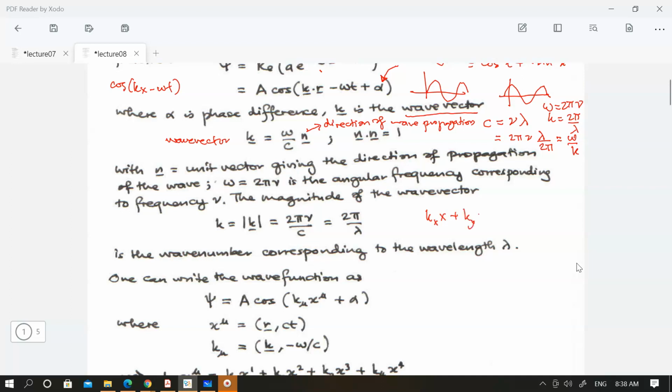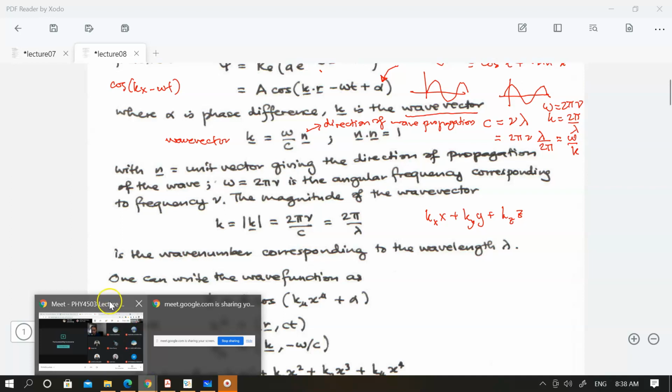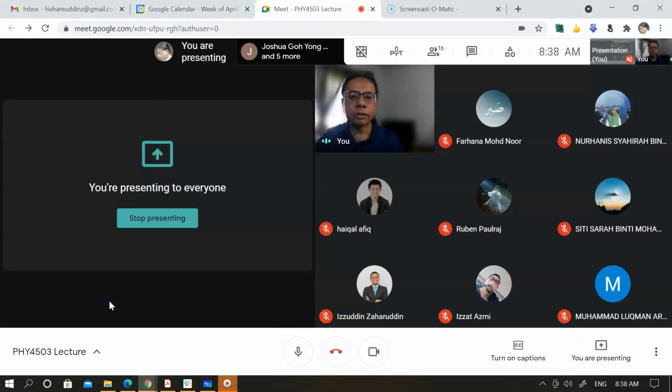So I will have something like this: the components of k multiplied by the x, y, z position. Oops, sorry. I'm just worried when this auto admit doesn't work. So it does work.